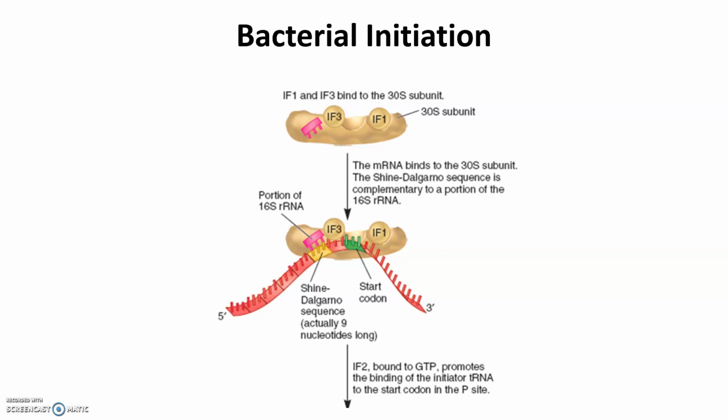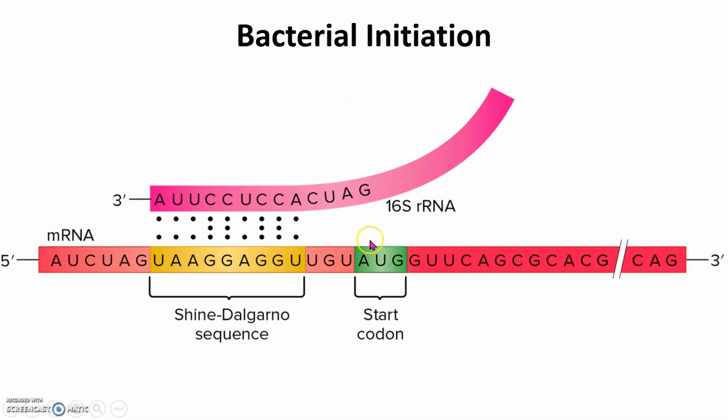So in our bacteria, our small subunit has initiation factors 1 and 3 bound to it. Okay? And then the mRNA is going to interact with it. So the mRNA binds to it, and we are scanning looking for the Shine-Dalgarno sequence because the Shine-Dalgarno sequence shows you where the start codon is.